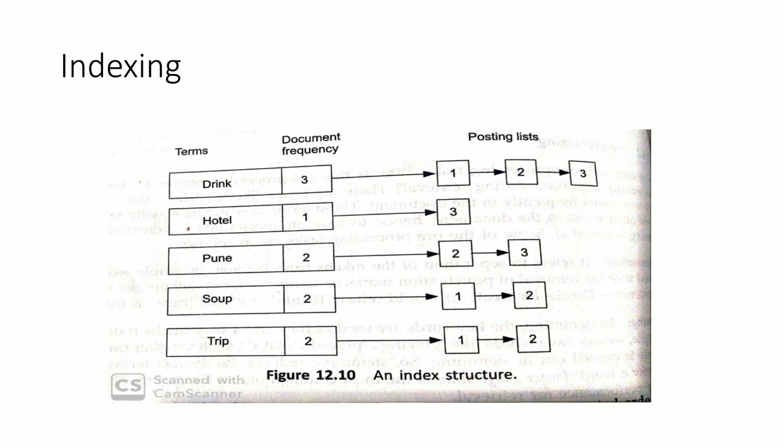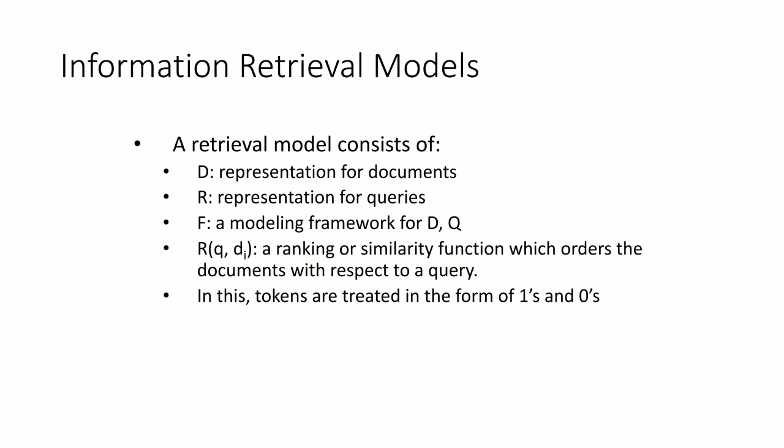Hotel appeared in only one document, document number 3. Pune appeared in 2 documents, document numbers 2 and 3. Soup appeared in document number 1 and document 2. And trip appeared in document numbers 1 and 2.